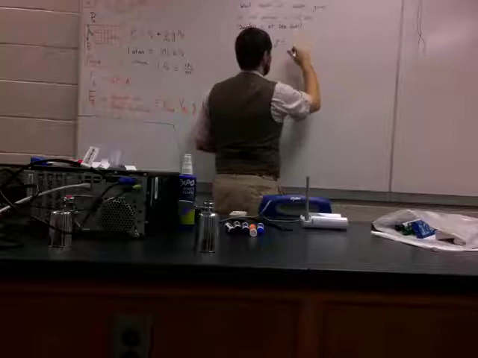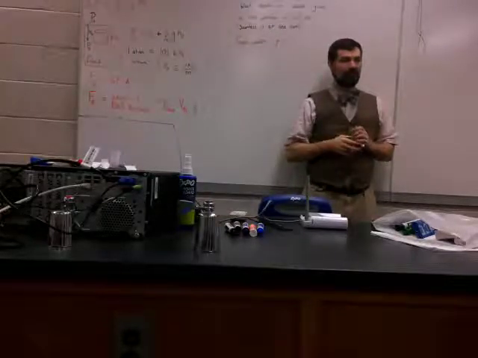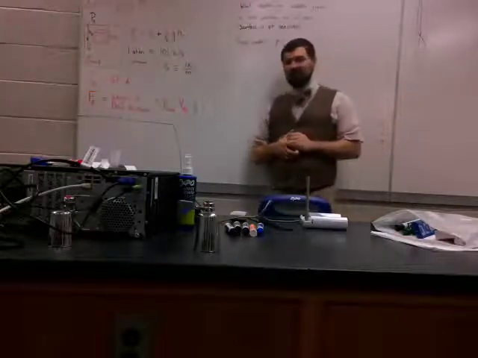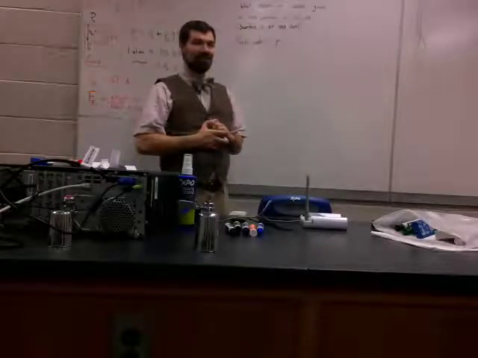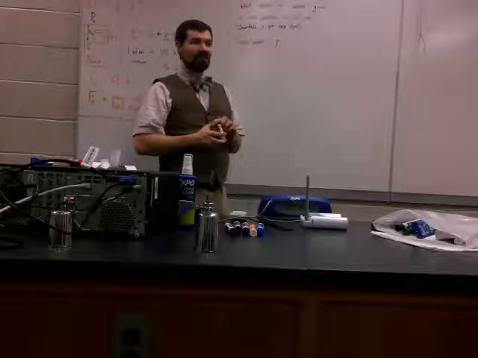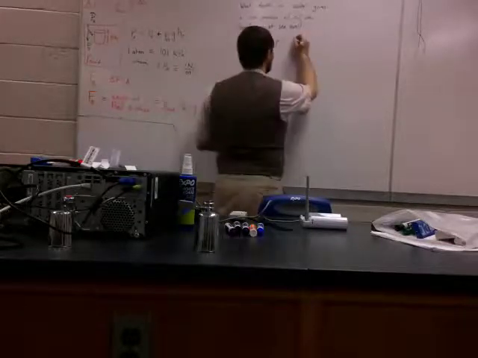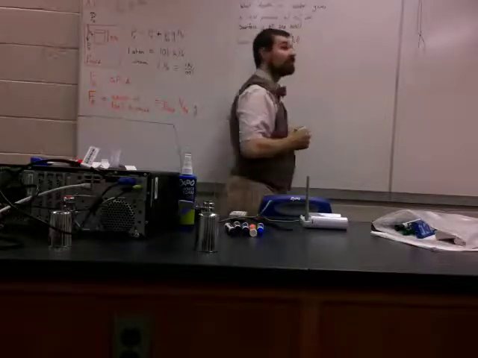maybe I'll just ask you guys what it is. What is the density of fresh water? Nobody knows what the density of fresh water is? It's just one? Just one what? Sorry?